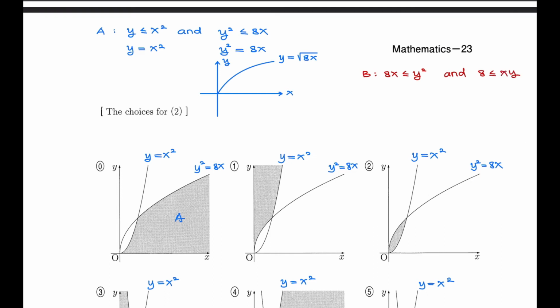If I make y the subject of these inequalities, I can write y squared greater than or equal to 8x and y greater than or equal to 8 over x.